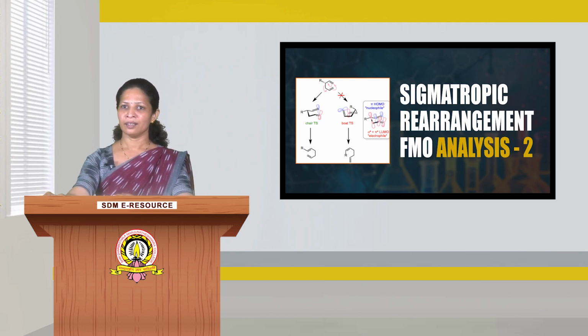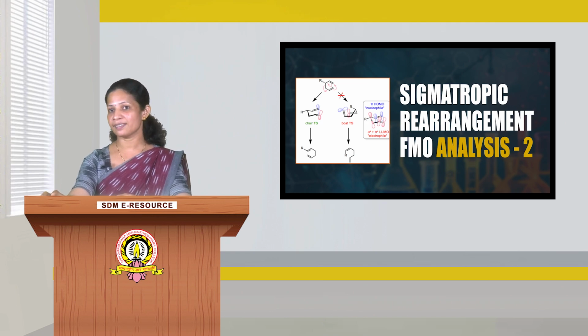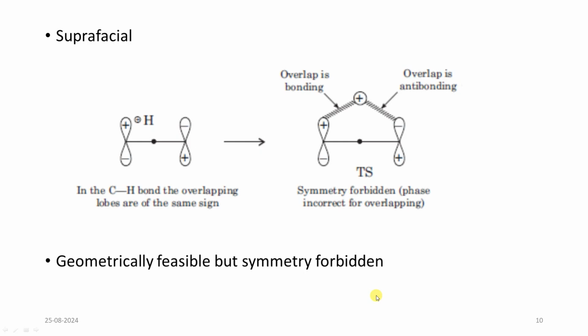Now, in the previous discussion we have seen the sigma bond undergo homolytic cleavage, and there will be formation of an allyl free radical as well as a hydrogen radical. For the analysis purpose we have to consider the ground state HOMO, that is Psi2.